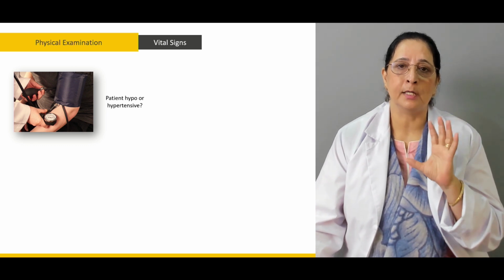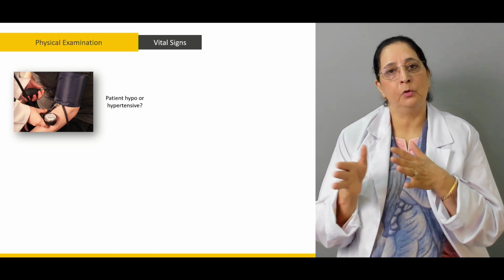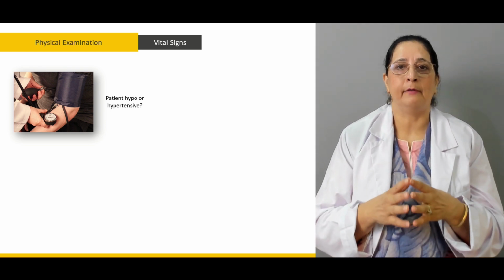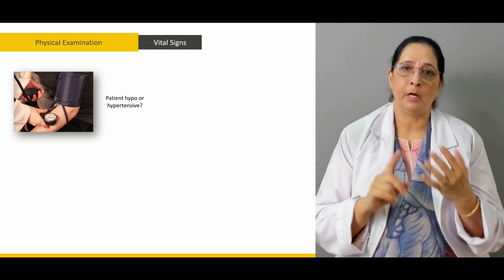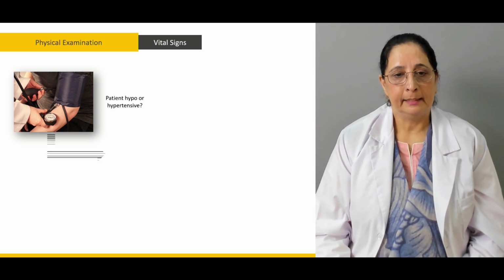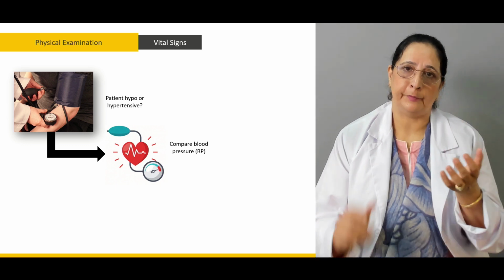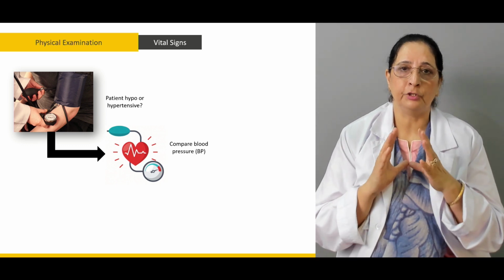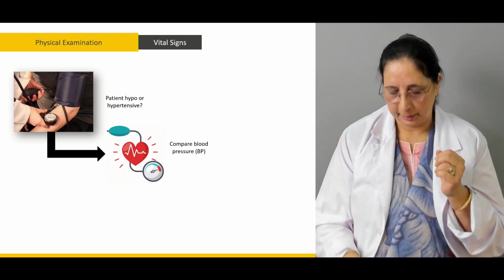Once we get the patient, we should go right away to check the vital signs of the patient. So hypotension or hypertension. Then also compare the blood pressure. It's important we look and compare the blood pressure of the patient.